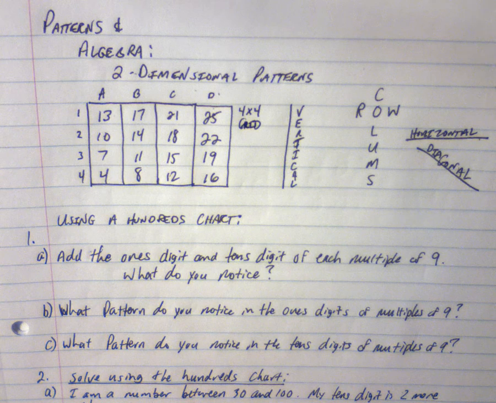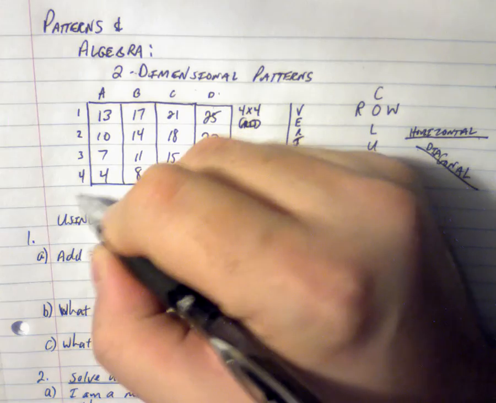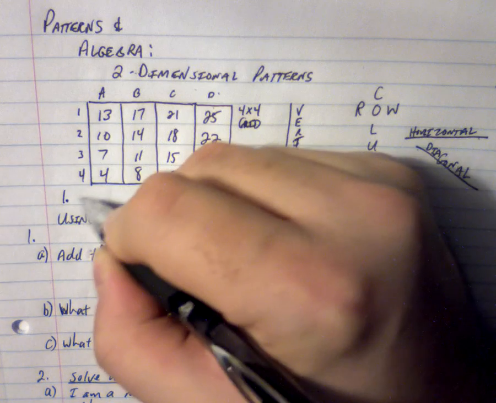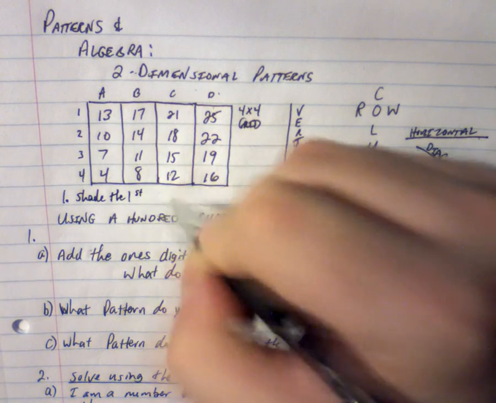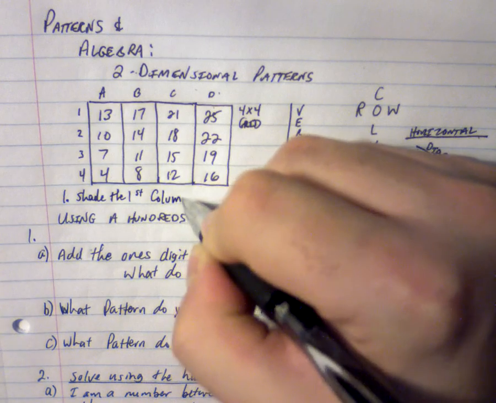You're going to need a sticky note or a piece of paper, and I would like you to draw the 4x4 grid. First, number 1, shade the first column.